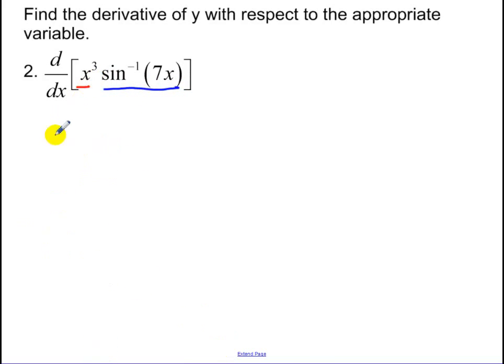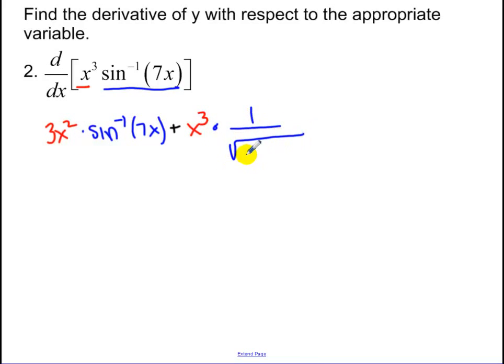So our derivative of the first, leave the second alone, plus, leaving the first alone, derivative of the second, so that's 1 over the square root of 1 minus 7x squared.